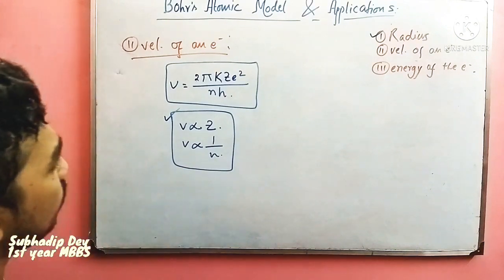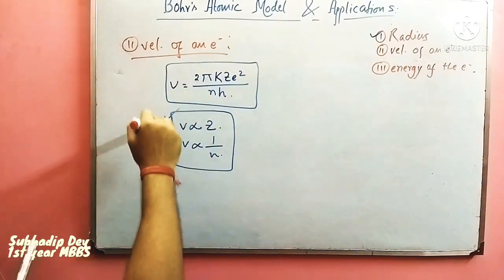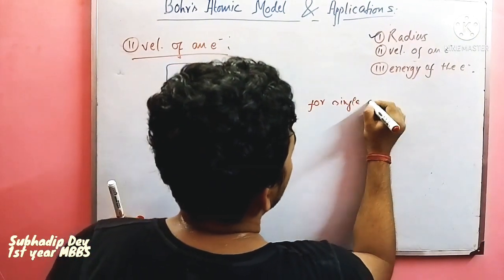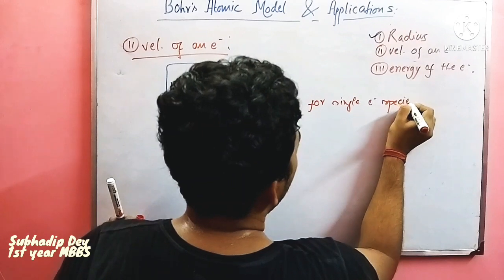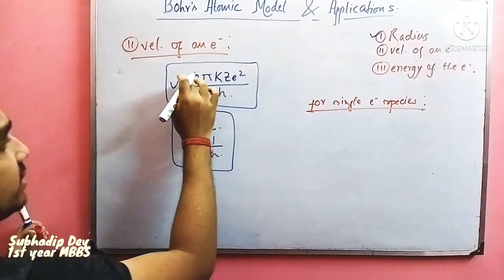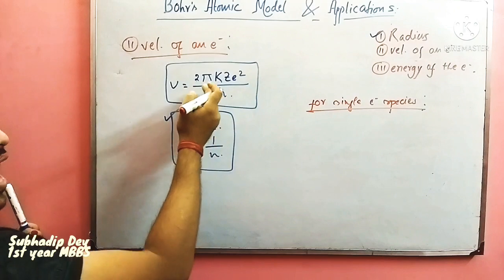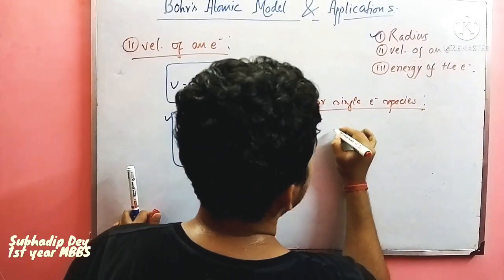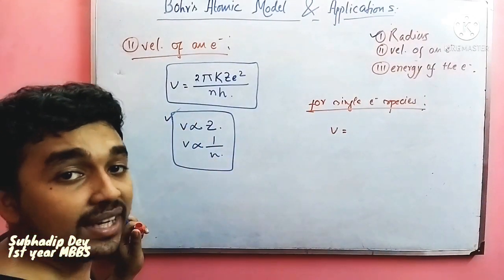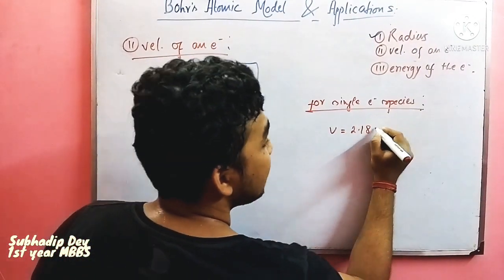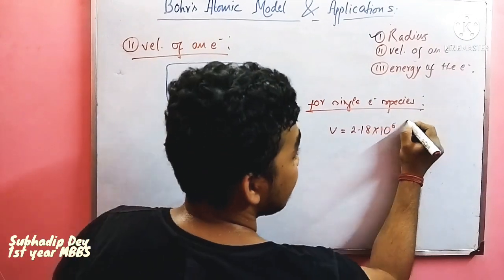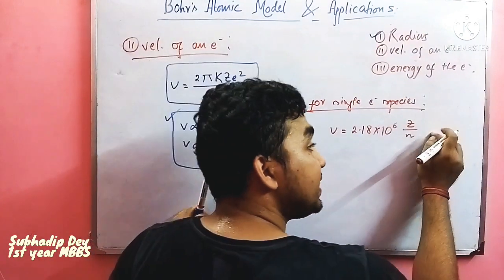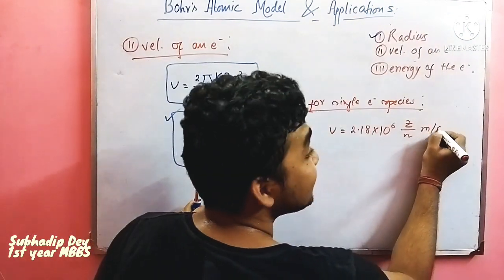Okay, and now we will again see the value of this velocity for single electron species. After putting all the constant values of these 2 pi k, e square and h, we have got that for single electron species, velocity of electron is 2.18 into 10 to the power 6 z by n, and here you must note the unit, that is meter per second.